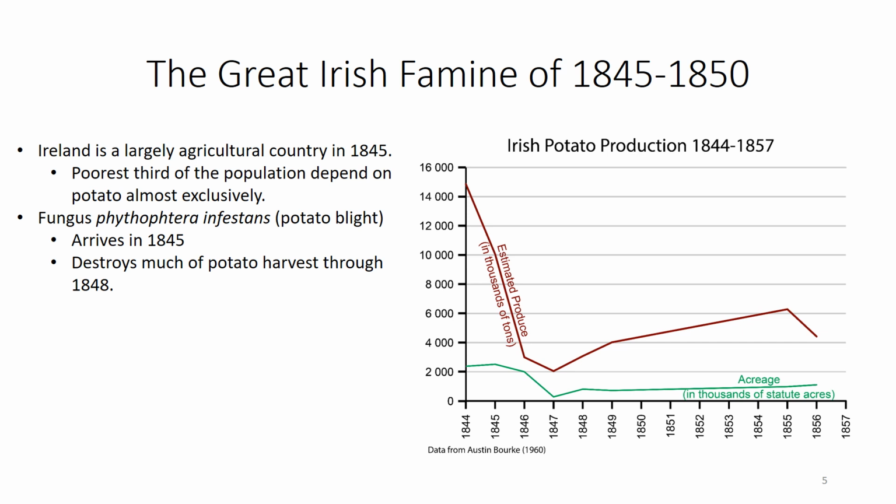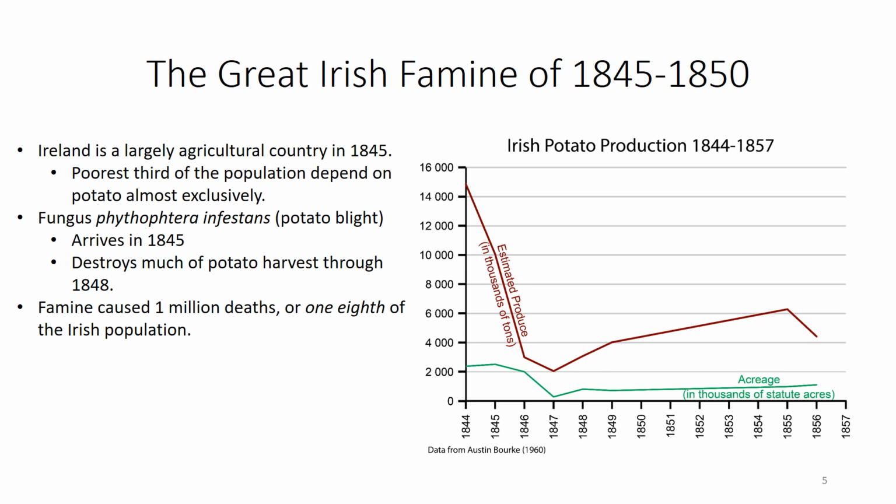And so this is a decline in the availability of food such that many people are no longer able to survive on the farm produce that they can make. And the more dependent people are on the potato, the worse off they are.